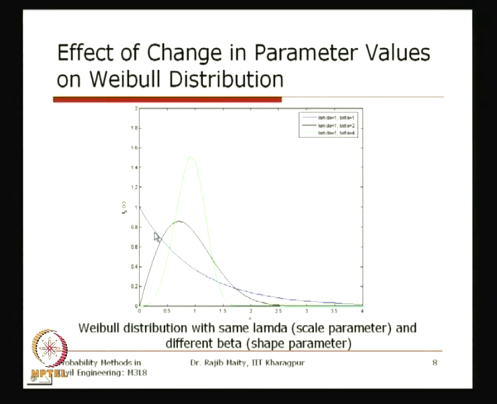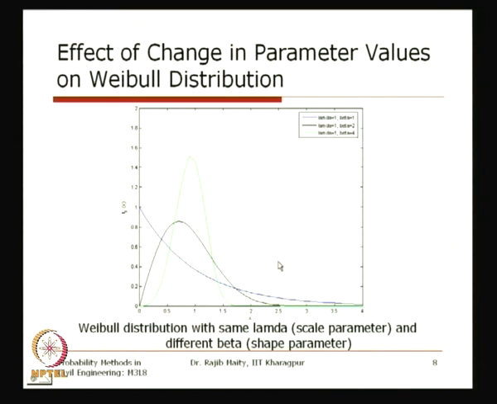Now, when we increase beta from 1 to 2, the skewness or asymmetry decreases, so it approaches the symmetrical, and it is more clear when we go to 4, that it becomes somewhat more symmetrical compared to the other two graphs where beta equals 1 and beta equals 2. So if we further increase beta, it becomes more symmetrical with respect to its mean. Mathematically also this can be shown, that we will see in a minute.